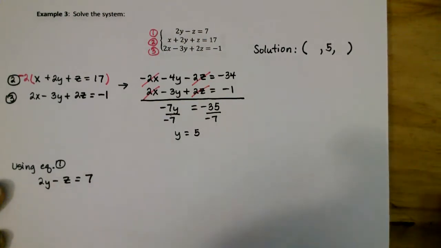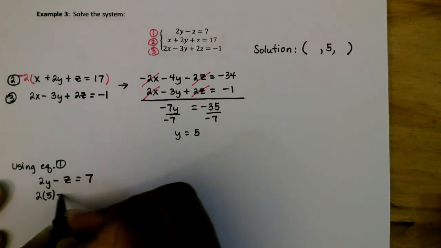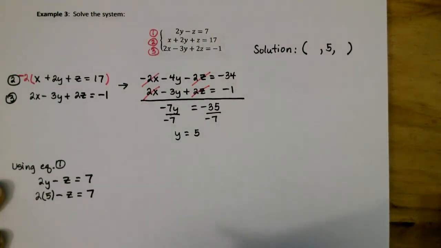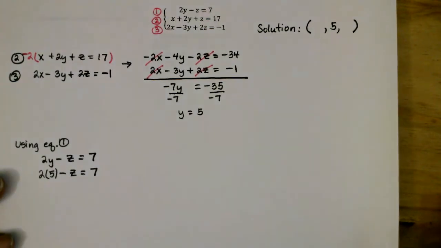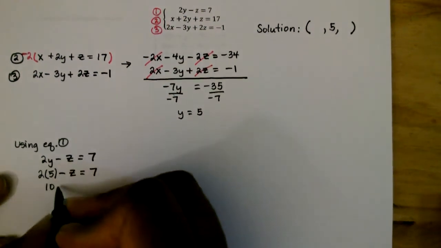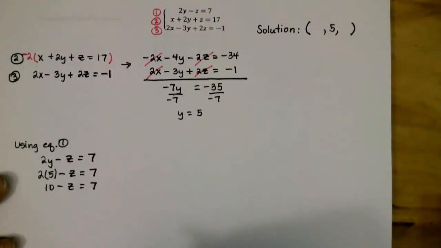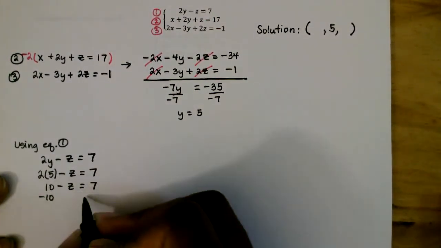So let's replace that y with 5. So it'd be 2 times 5 minus z equals 7. And then 2 times 5 would be 10 minus z equals 7. To get that minus z by itself, I need to subtract 10 on both sides.